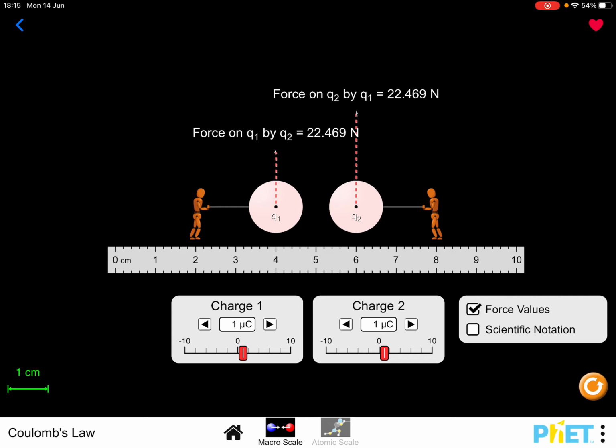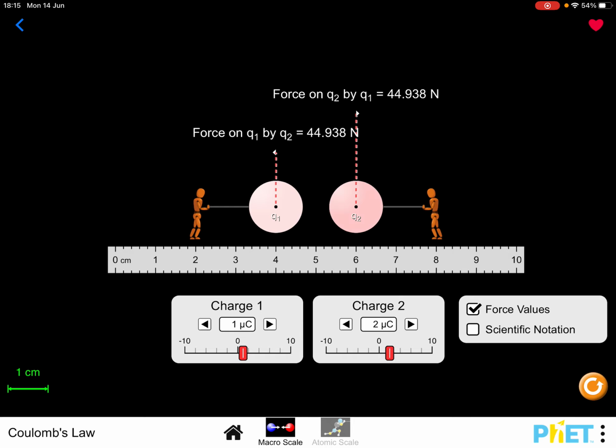If one is exerting a force of 22,469 on the other, then the other is experiencing the same force. When object A exerts a force on object B, object B exerts a force of the same magnitude, but in the opposite direction, on object A. Alright, so now we've got a force of 22,469.